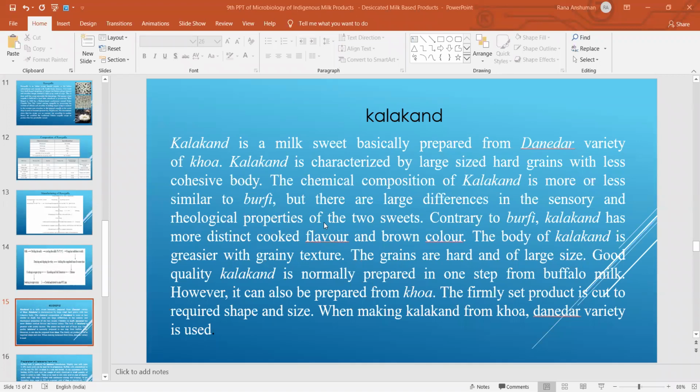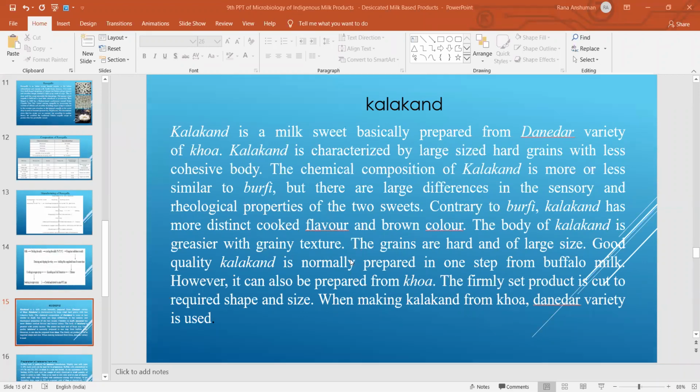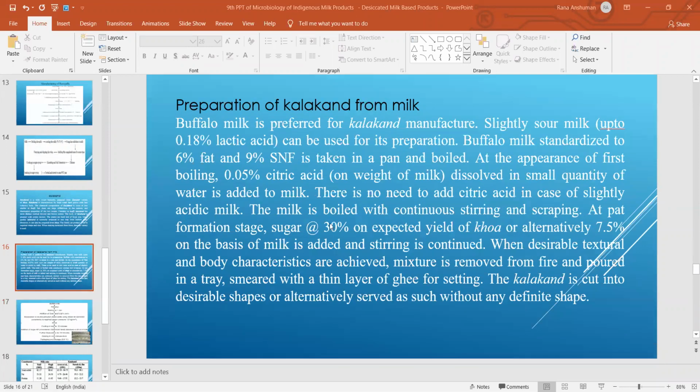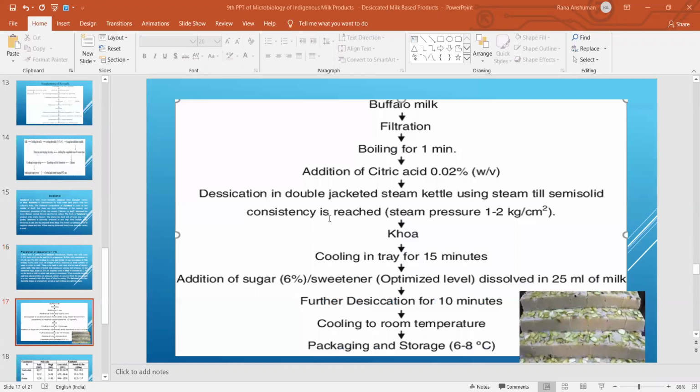The product is cut to required shape and size, and when making Kalakand from khoa, the Danedar variety is generally preferred. So here, the method of preparation of Kalakand is given.